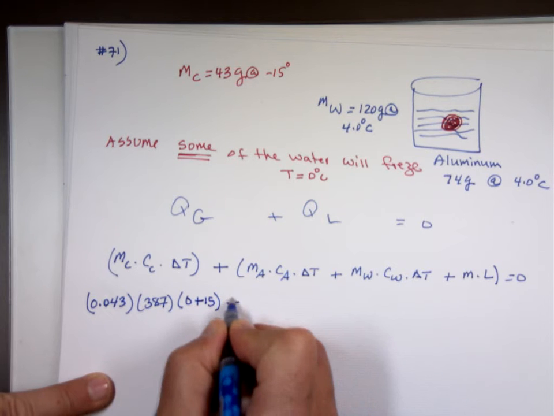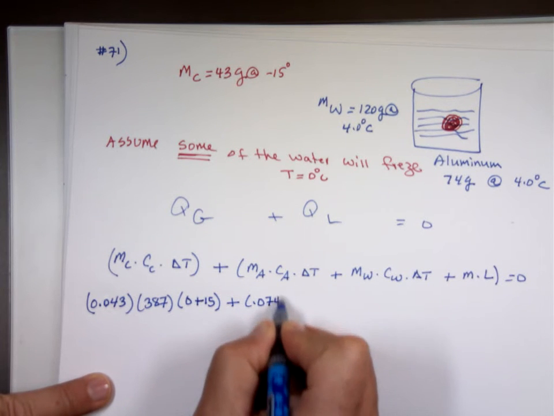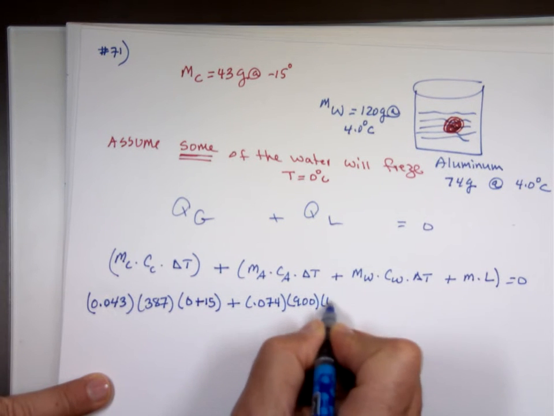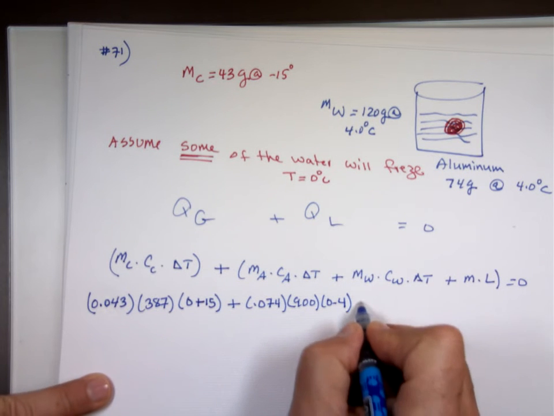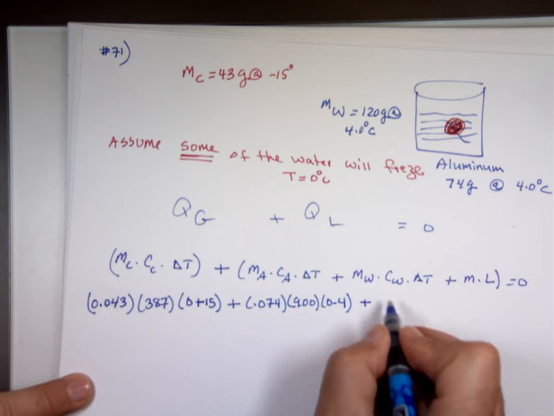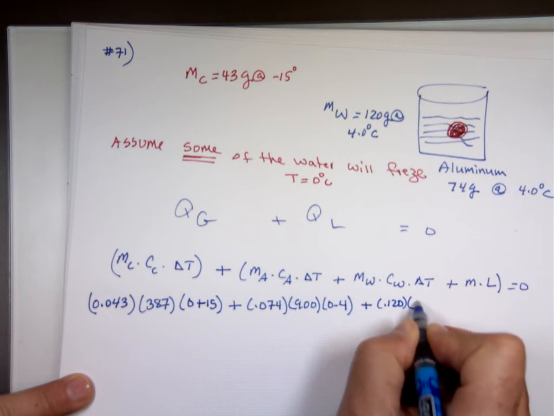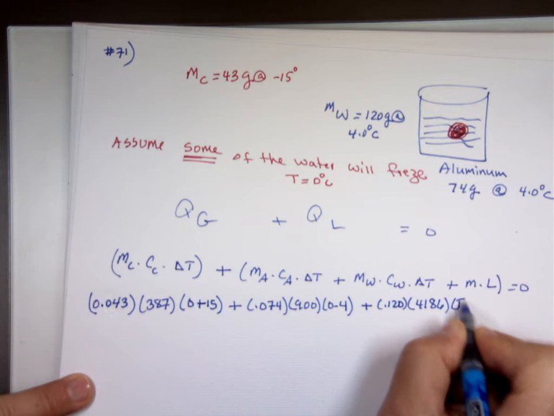The mass of the aluminum, 0.074. C for aluminum, 900. Final temperature, 0 minus 4. Mass of the water, 120. 4186. Final temperature, T minus the initial, which is 4.